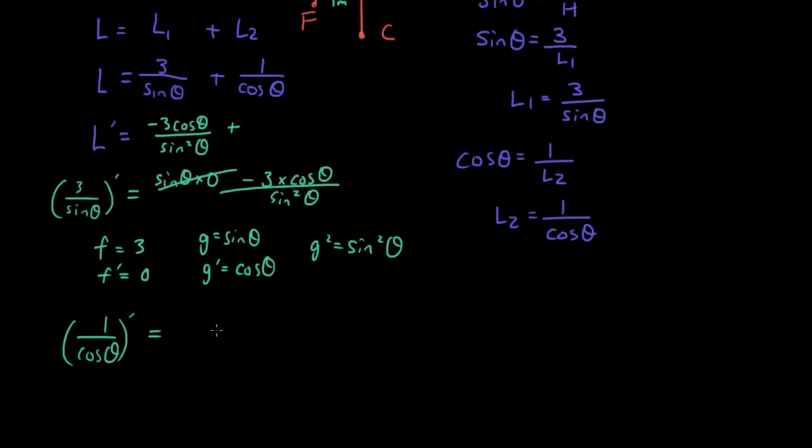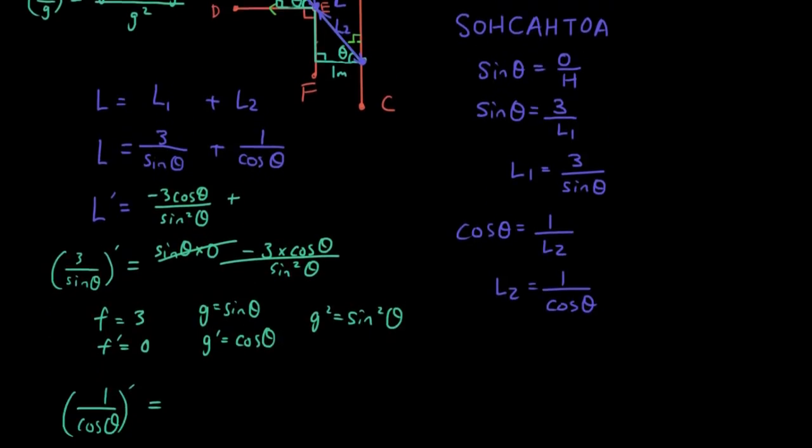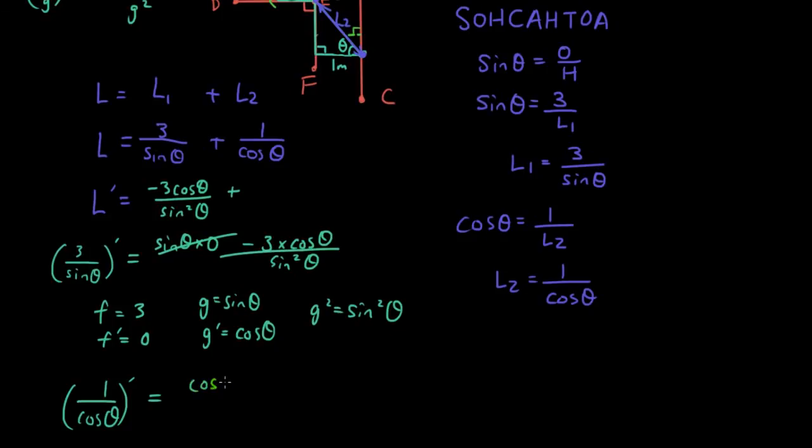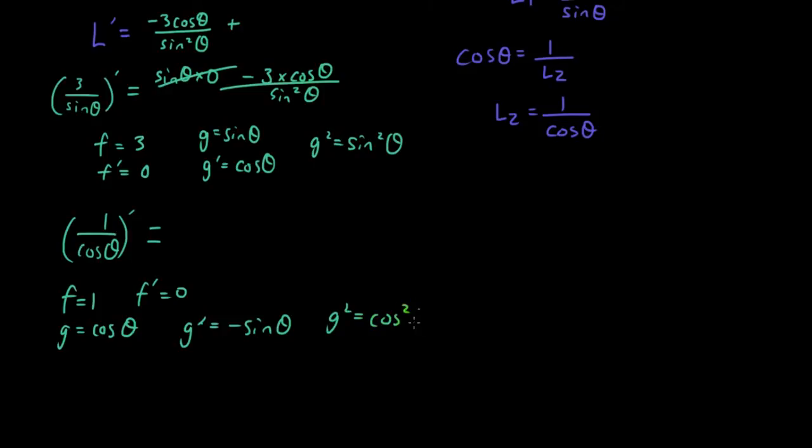Again we want to use the formula, so we have to do f and g again. f is 1, g is cos theta, f dash is 0, g dash is negative sine theta, and g squared is cosine squared theta.